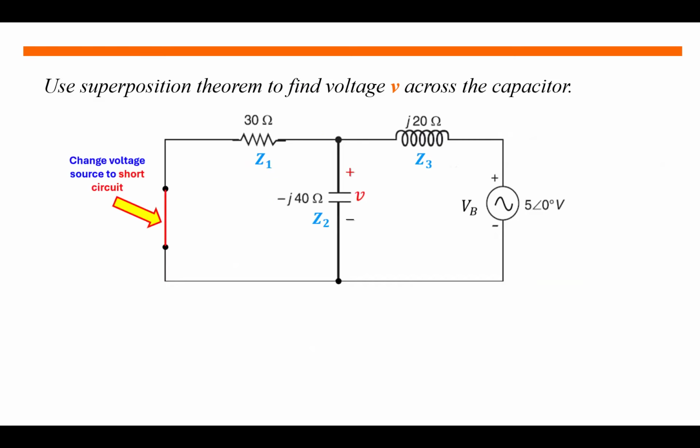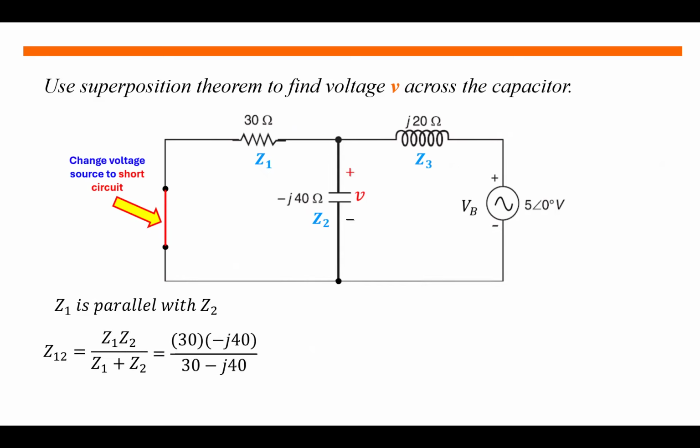So again, if we're going to consider V sub B, then we have to change the voltage source VA to short circuit. So that is Z sub 1 now is parallel with Z sub 2. So that is product over sum. So that the Z sub 12, the combination of Z sub 1 and Z sub 2, will become 24 angle negative 36.87 degrees.